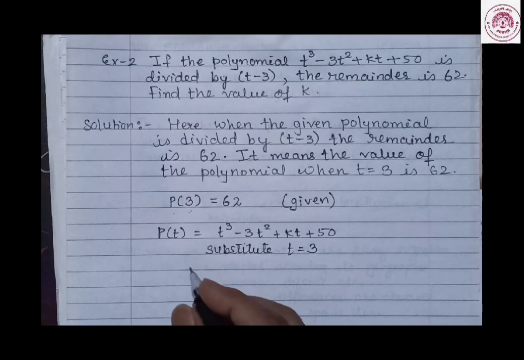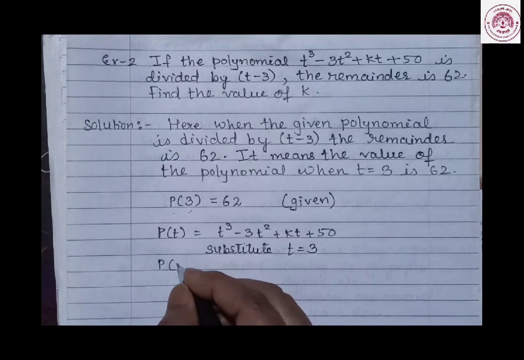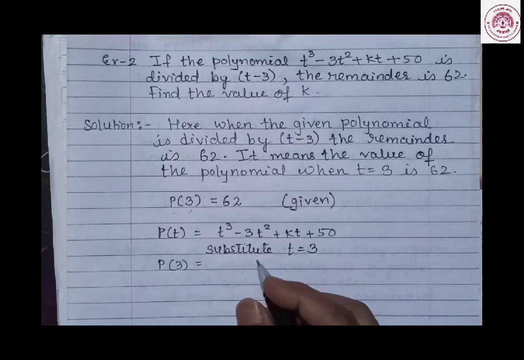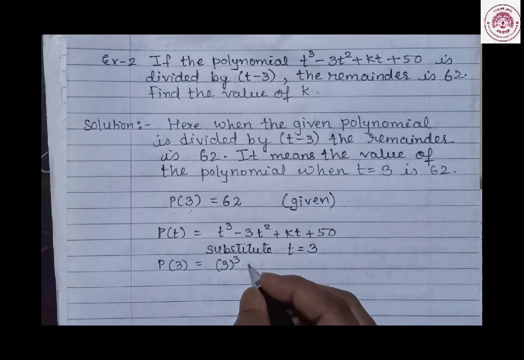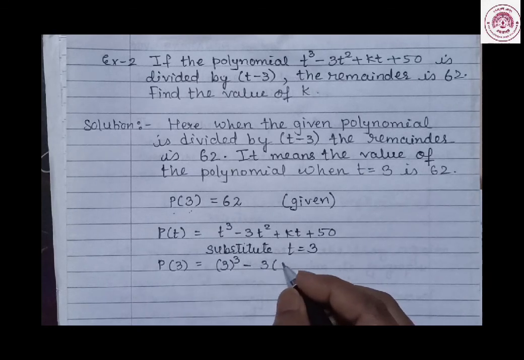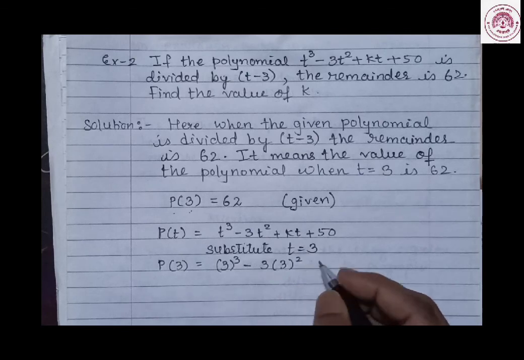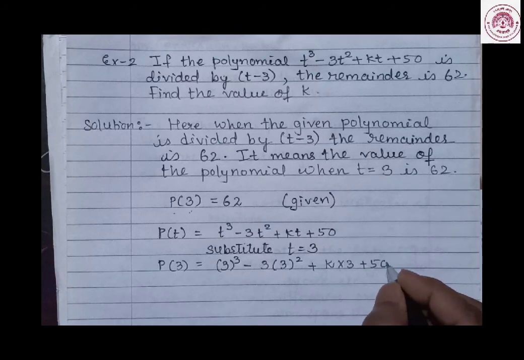Okay, so we will replace t by 3. So p of 3 equals 3 cubed minus 3 into 3 squared plus k into 3 plus 50.